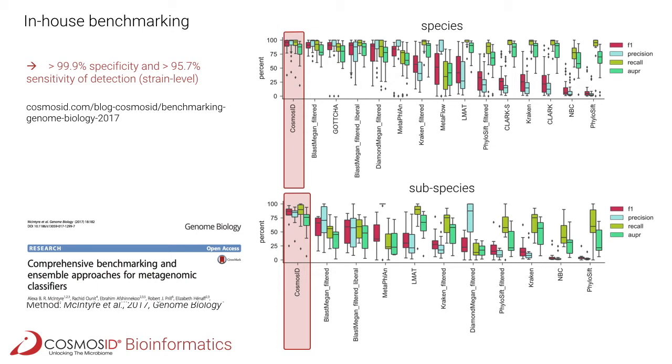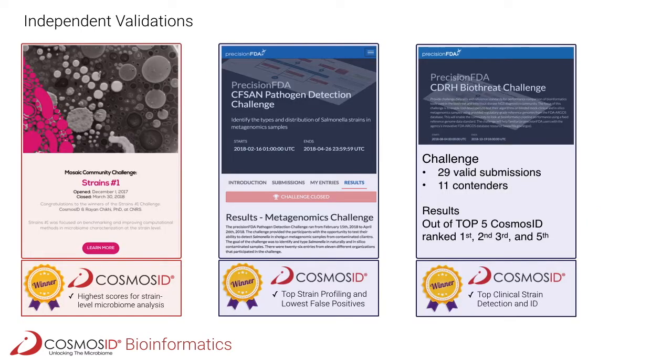Now, we do understand that in-house benchmarking using your own methods and known data sets makes you vulnerable to confirmation bias, which is why we've embraced in the last 2 years third-party controlled blinded validations. And we've submitted our pipelines several times to such efforts. What you see on that slide are the 3 most recent efforts that we've participated in.